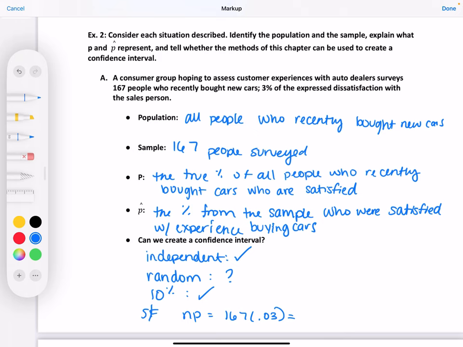You know what that is? Or approximately.